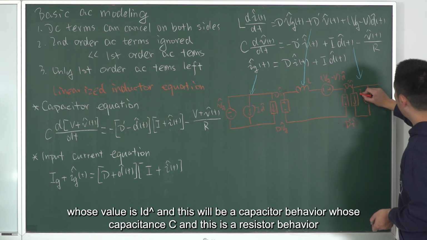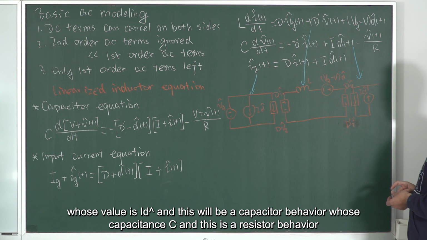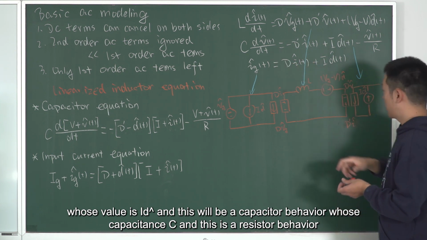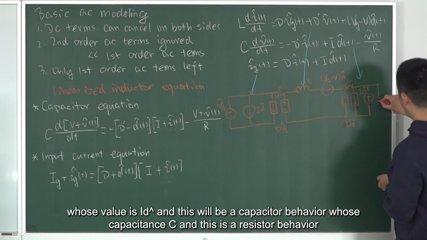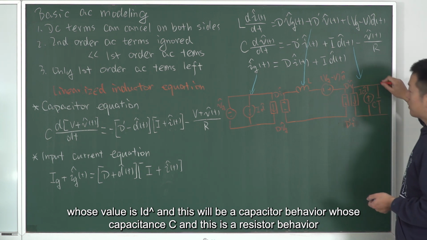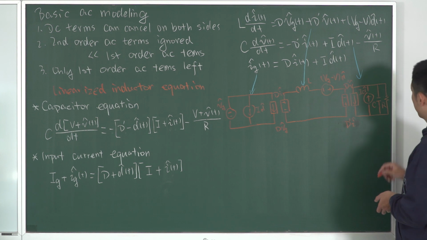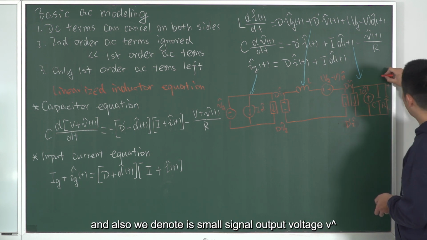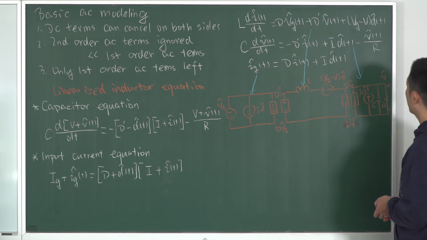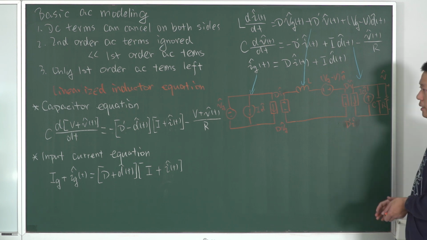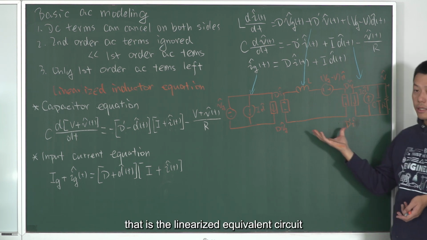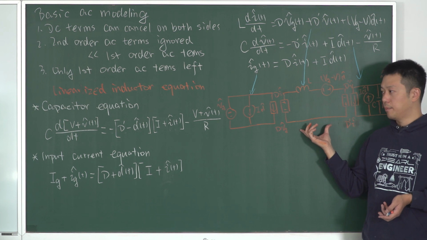Whose value is I D cap. And this will be a capacitor behavior whose capacitance is C. And this is a resistor behavior whose resistance is R. And also we denote the small signal output voltage, V cap. That is the linearized equivalent circuit, right?